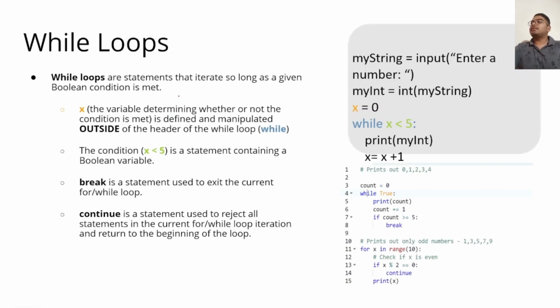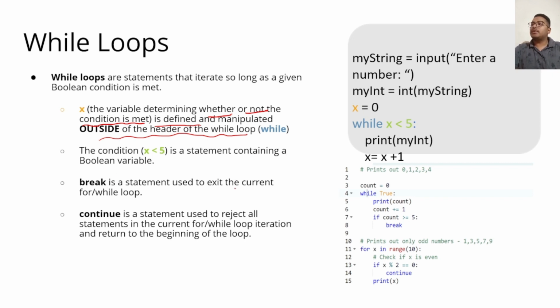Next, what is a while loop? While loops are statements that iterate so long as a given Boolean condition is met. X, the variable determining whether or not the condition is met, is defined and manipulated outside of the header of the while loop. The condition x less than 5 is a statement containing a Boolean variable.